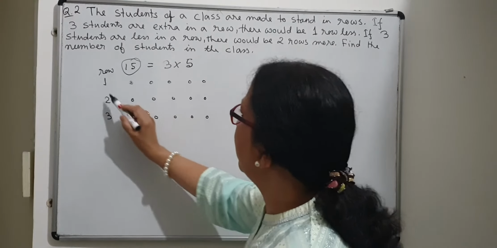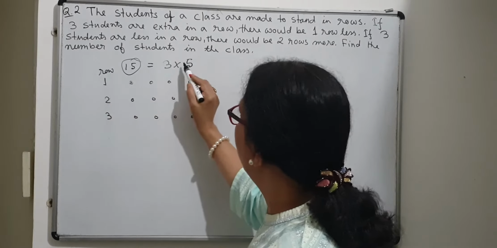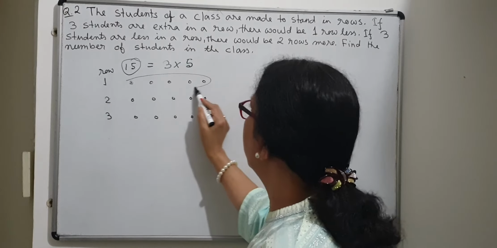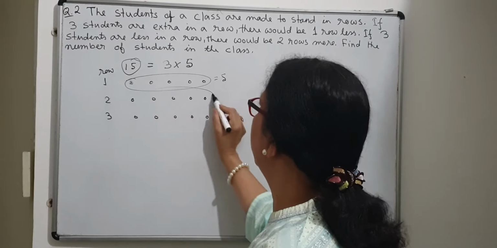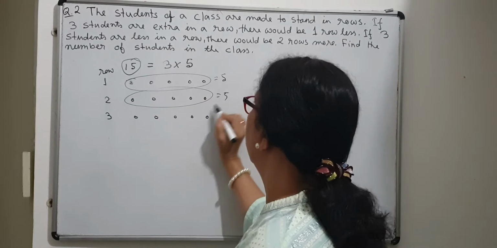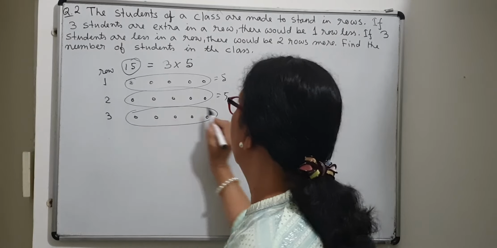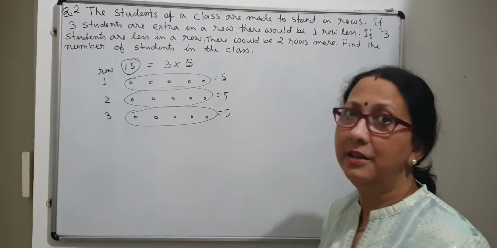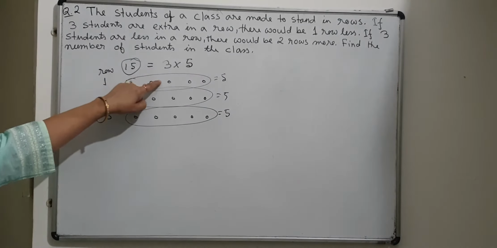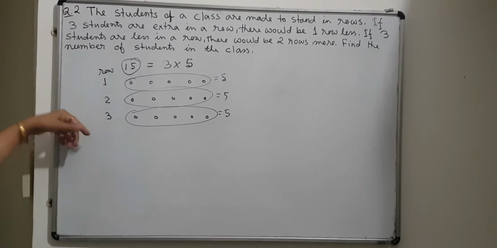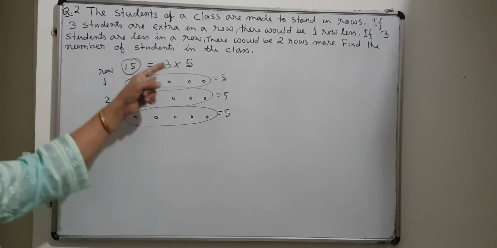We multiply the number of rows with the number of students in each row, that is 5. In each row there are 5 students. So obviously, if I know the number of students in each row and number of rows, then the product of those two will be the total number of students in the class.